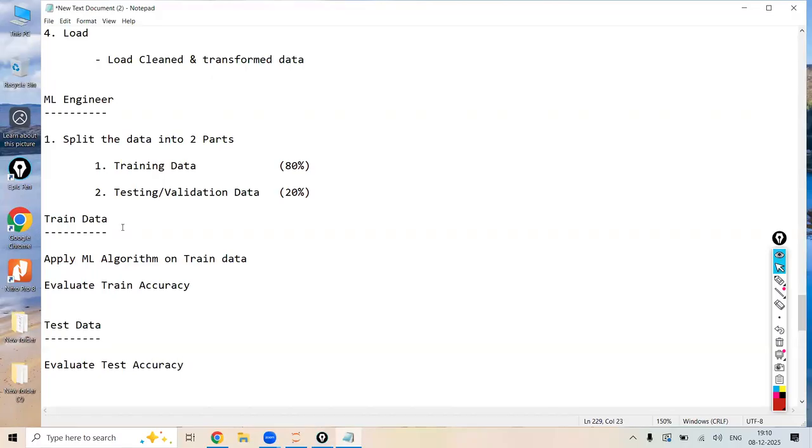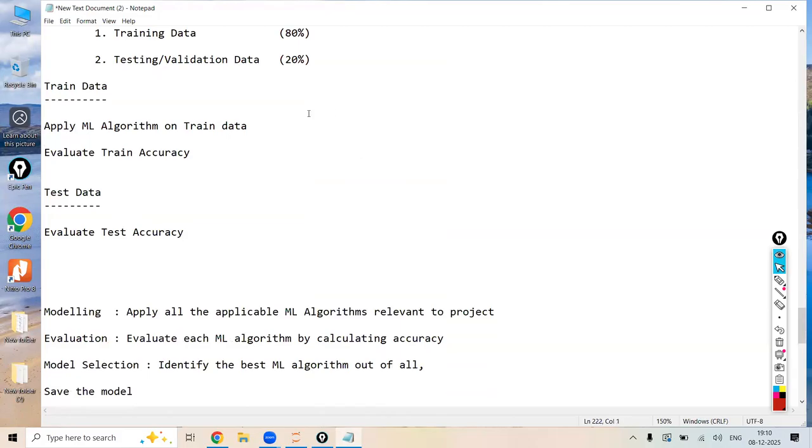Directly, let's see an example. With an example, I'll tell you. Applying the ML algorithm is like explaining in class clearly about the topic. After explaining, check whether students have understood by asking some questions, yes or no. Guys, have you understood or not?